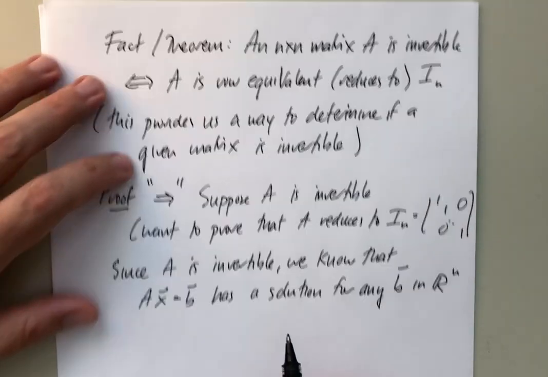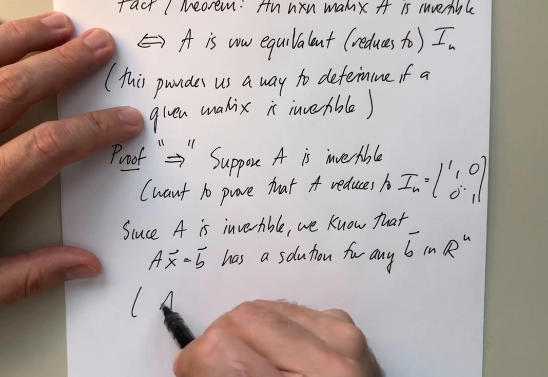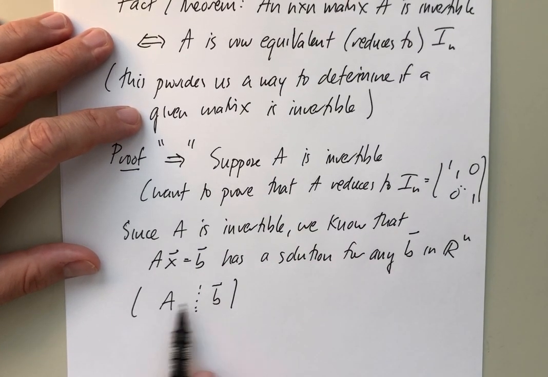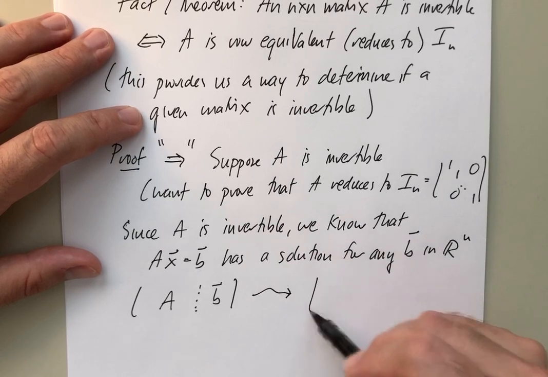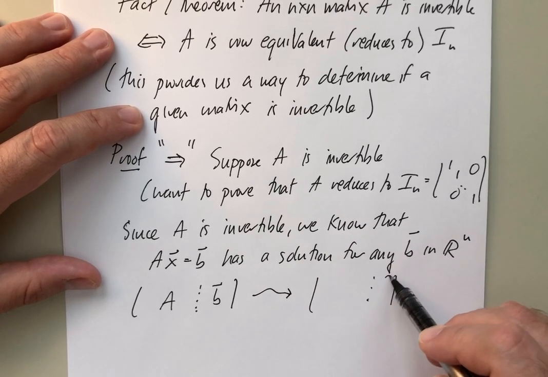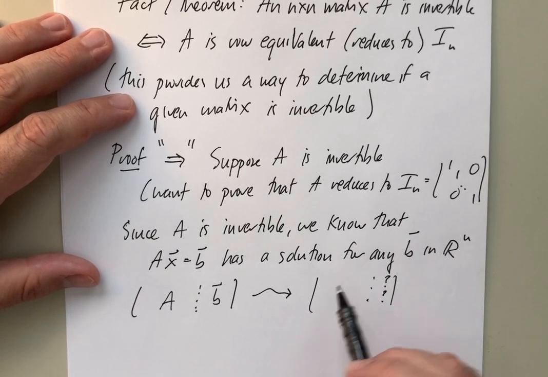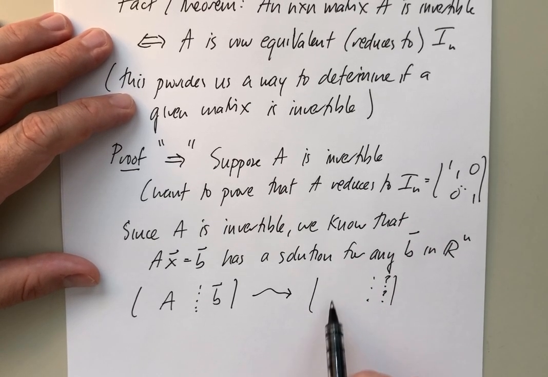So what this is saying is that if I take A as the coefficient matrix and augment it with B, it'll always have a solution. So I don't know what goes here, but I'm going to have pivots everywhere. There's going to be no missing pivots in any row.